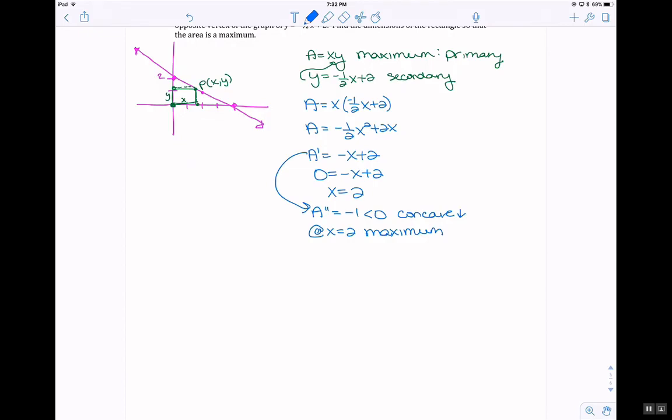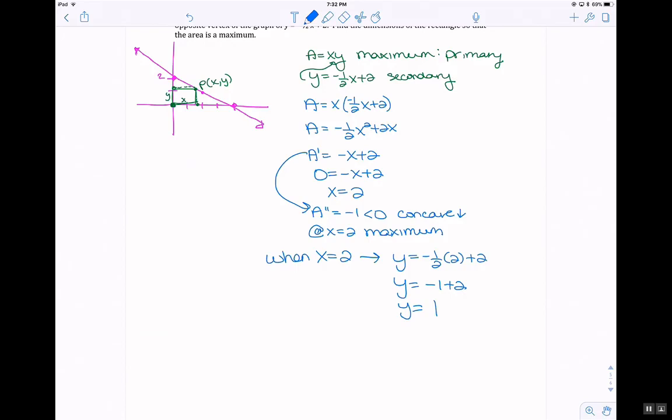So now, if x equals 2 is a maximum, I want to find the dimensions of the rectangle. So if x is equal to 2, I need to figure out what y is equal to. So when x is equal to 2, my y is equal to negative 1/2 times 2 plus 2.